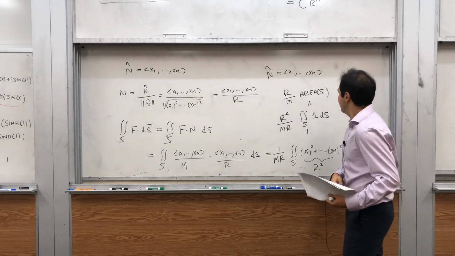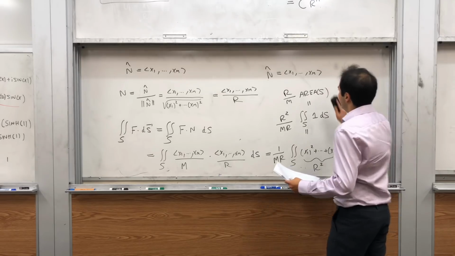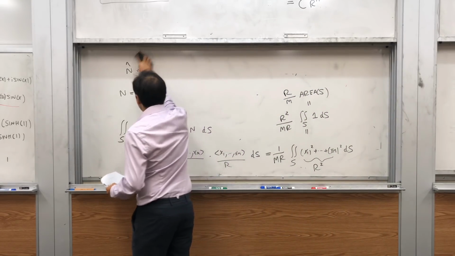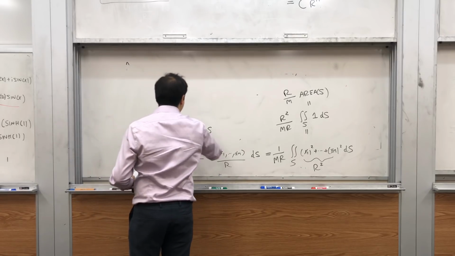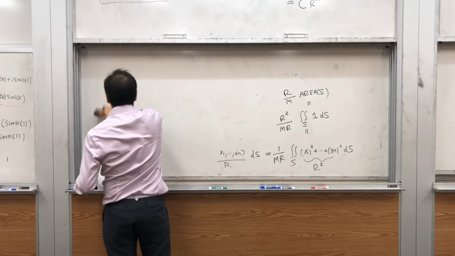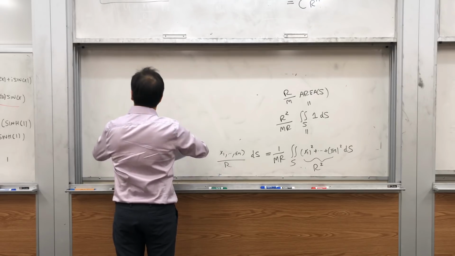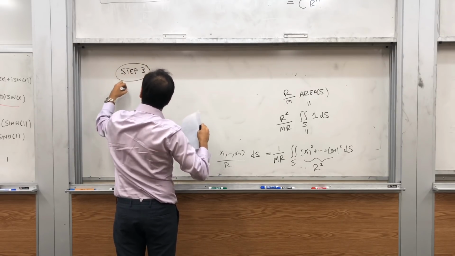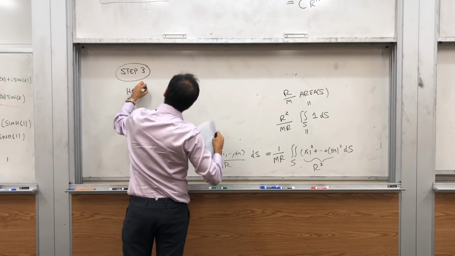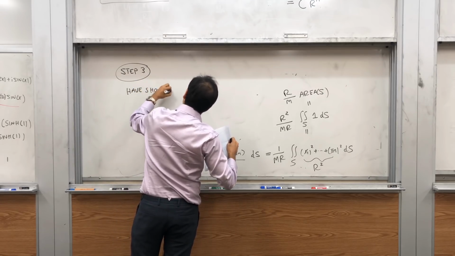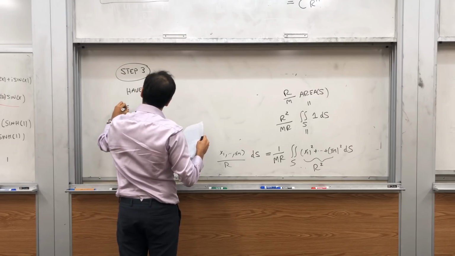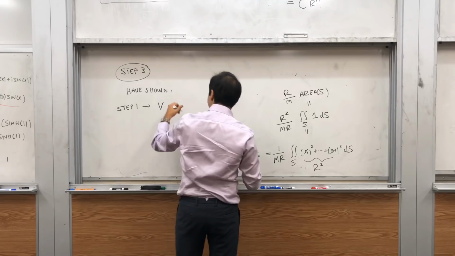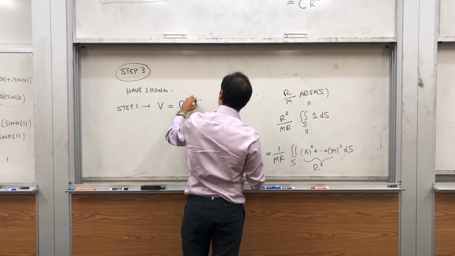So what do we get in the end? What have we shown? This is the grand finale, step 3. In step 1, we've shown that the volume scales as R to the n times a constant.